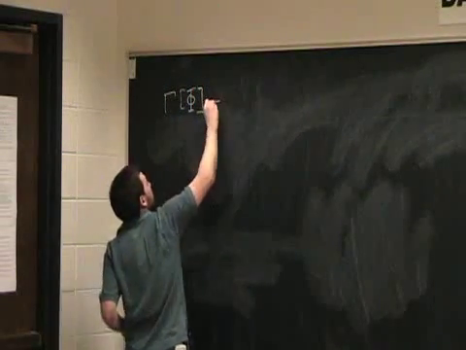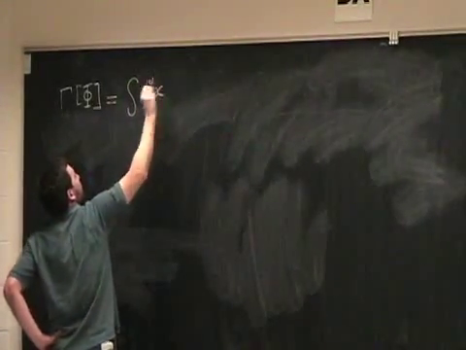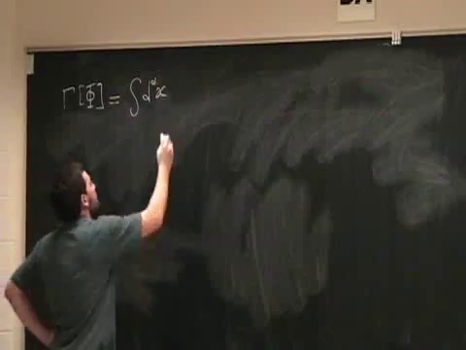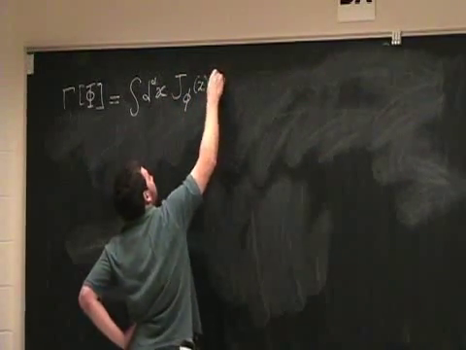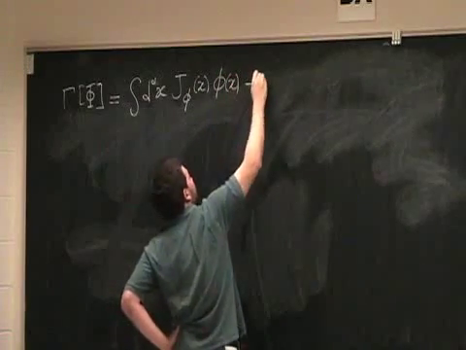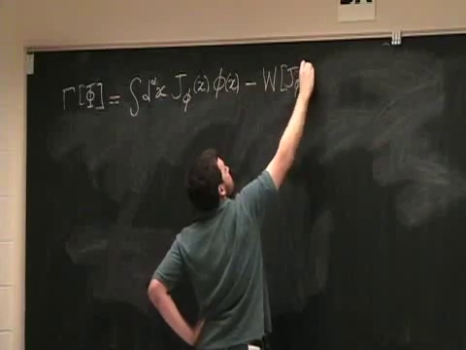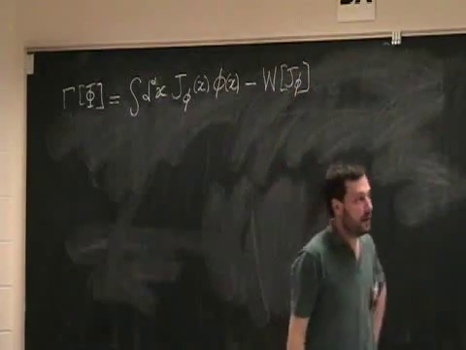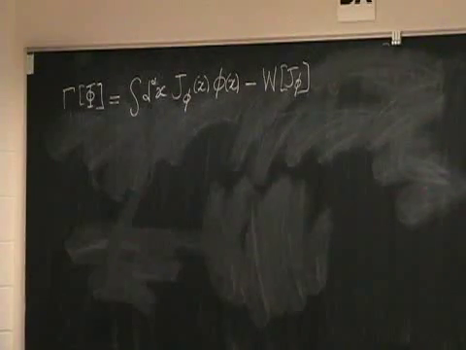Gamma of phi is the integral of dx j phi x phi x minus W j phi, where j phi is the source that is necessary to put here in order for the mean field to be phi.